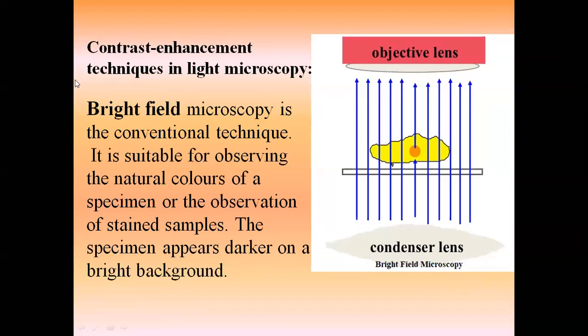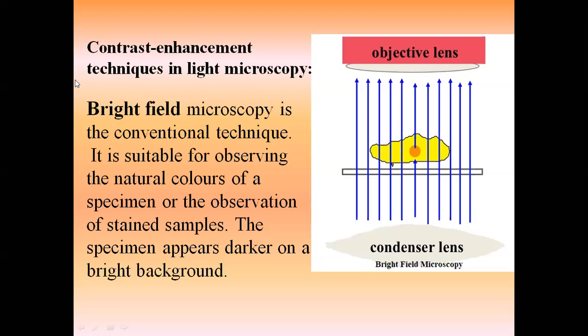Whether that sample has the capacity to absorb the light within itself and transmit that light, or whether that sample has the affinity to capture the light and deflect or reflect it. Based on that, we basically have 4 different types of microscopes. Okay. So what are those 4 different types of microscope?